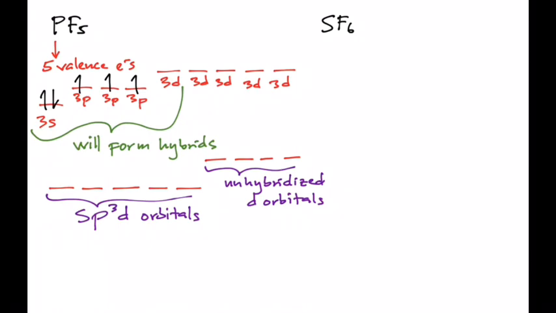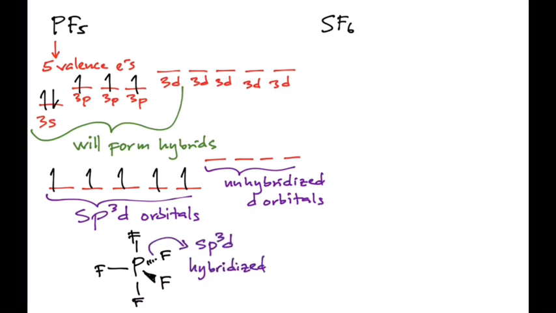And the rest would be unhybridized orbitals. So now you can separate all 5 valence electrons and distribute them evenly in the sp3d hybridized orbitals, as shown here. And this is what the Lewis dot structure looks like. And every single bond formed between phosphorus and fluorine is known as sp3d hybridized.